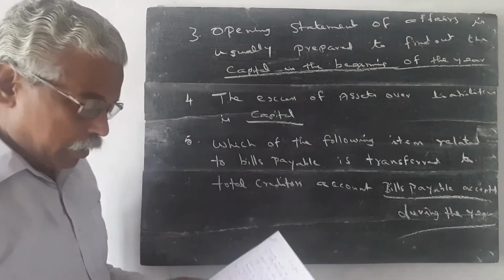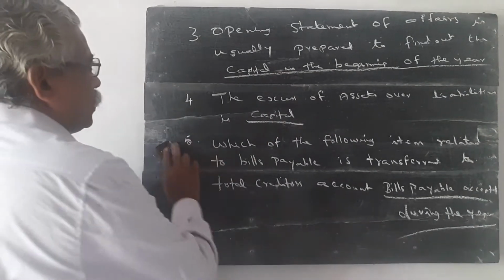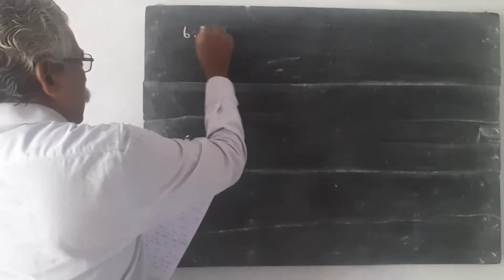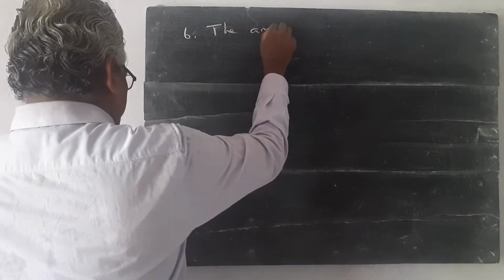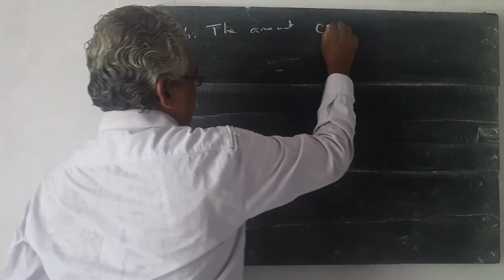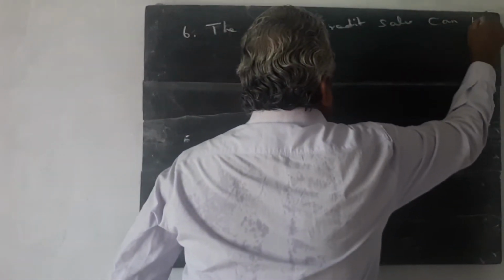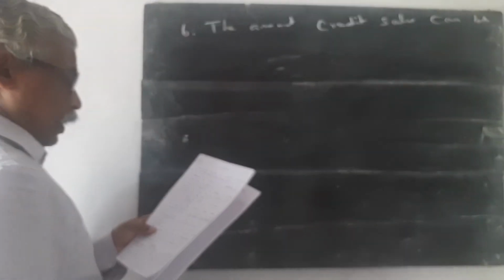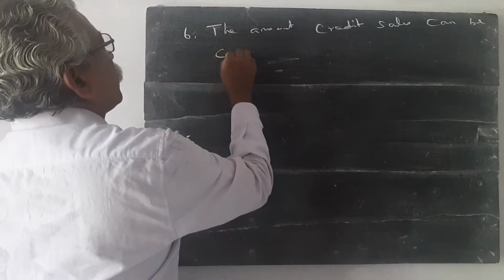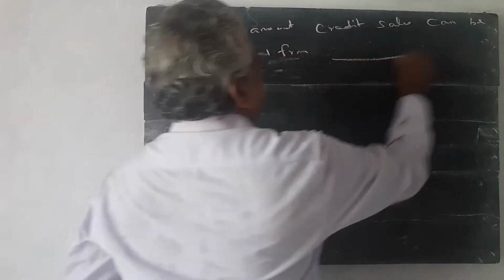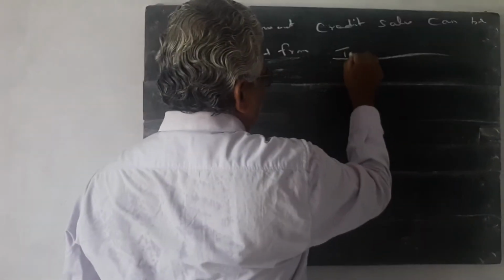5 questions are completed. Remaining 5 more questions. Question number 6. The amount of credit sales can be computed from dash, total debtors account.